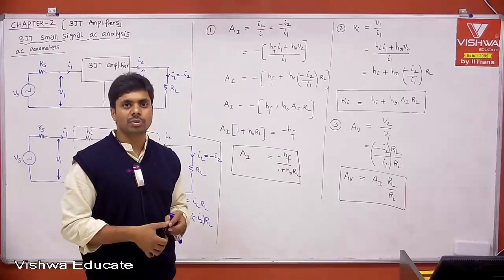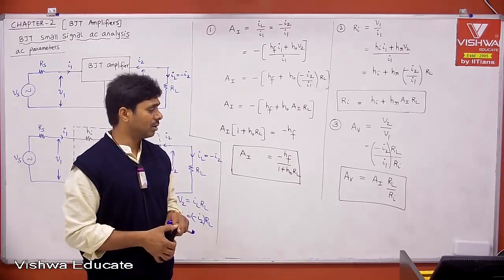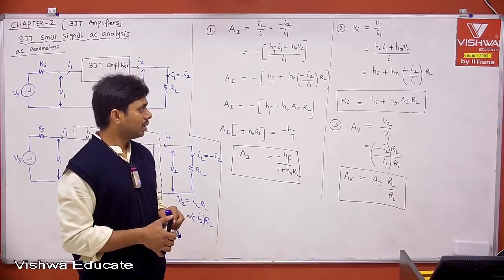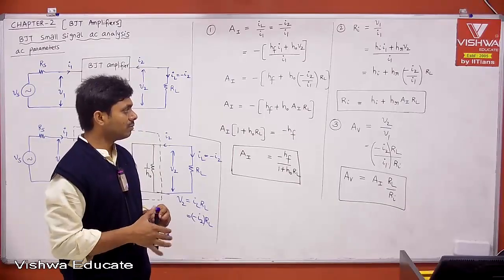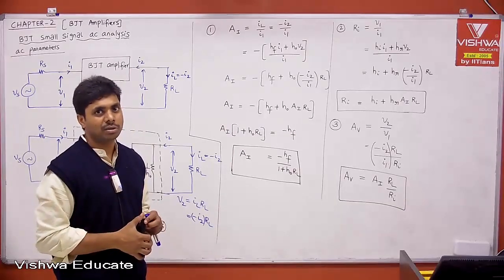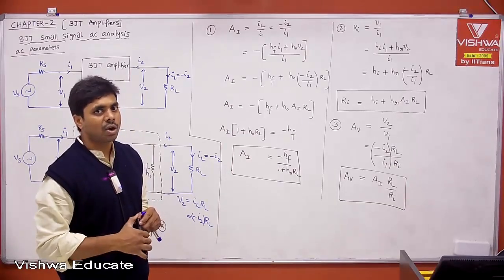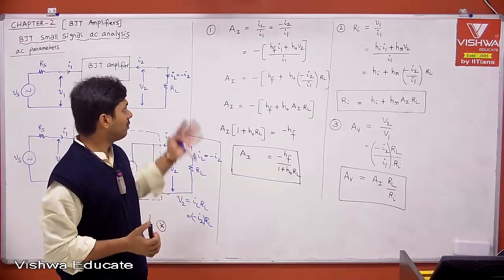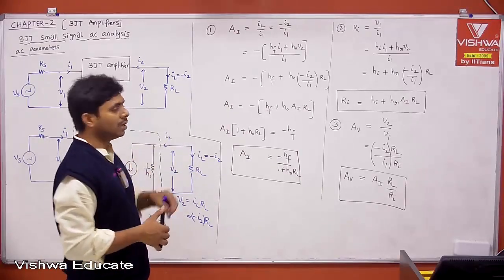It needs some explanation to derive what is Y naught, what is R naught. Then let me stop now. We will continue in the next session to calculate the output impedance. Once the output impedance is calculated, the four AC parameters related to your amplifier are done.